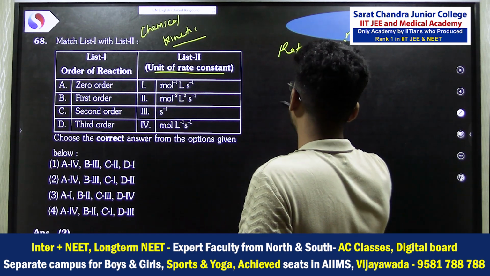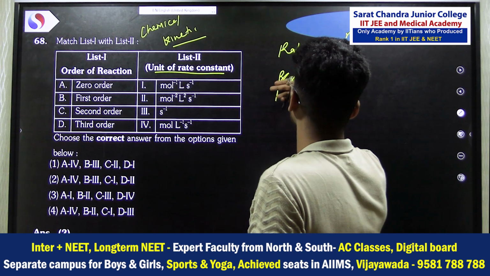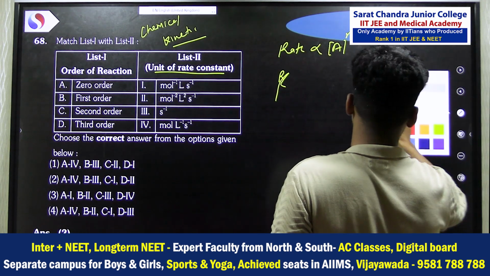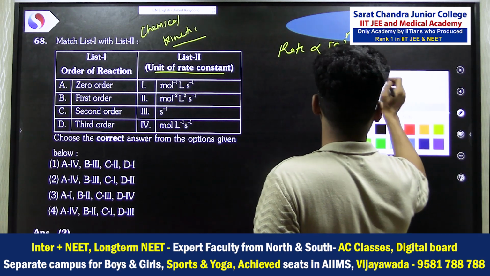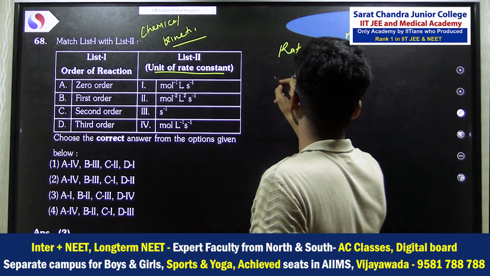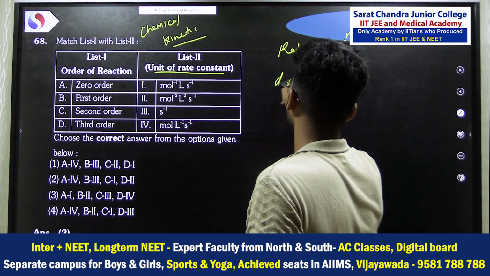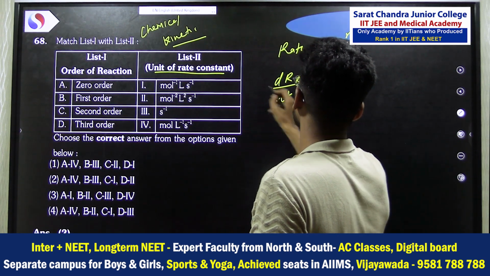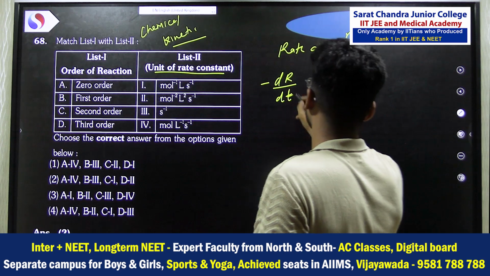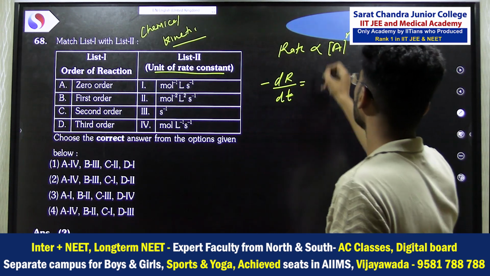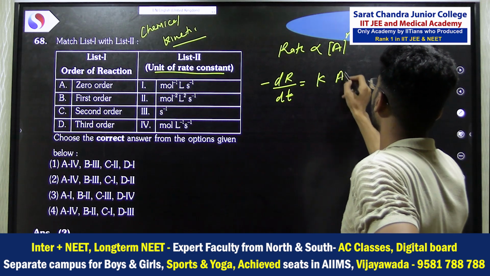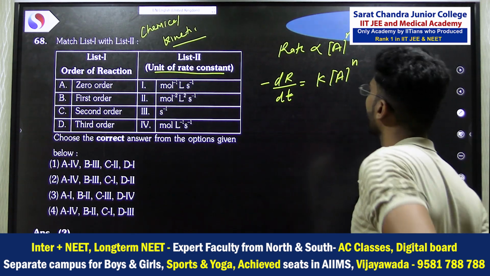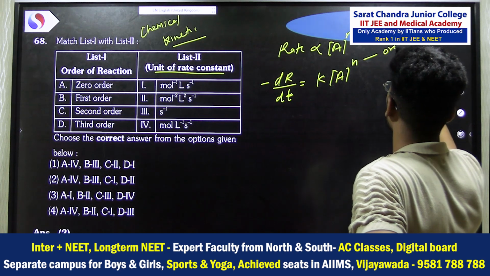Rate is the change in concentration of reactant by change in time. That equals, removing the proportional sign, a rate constant times concentration power n, where n is the order of reaction.